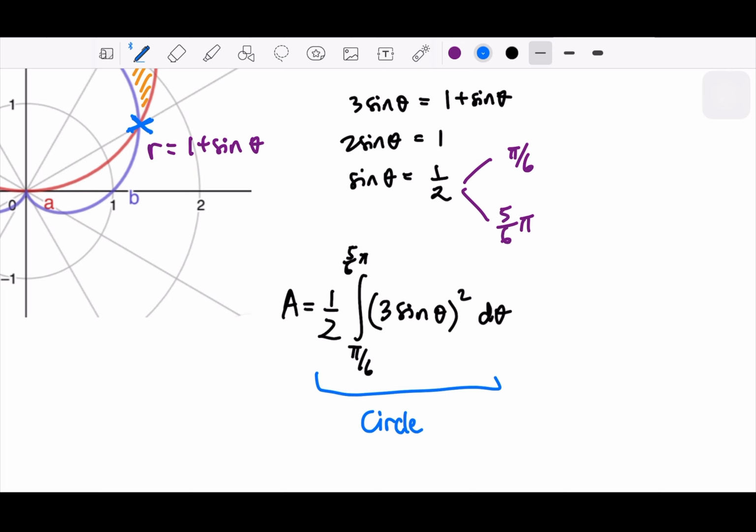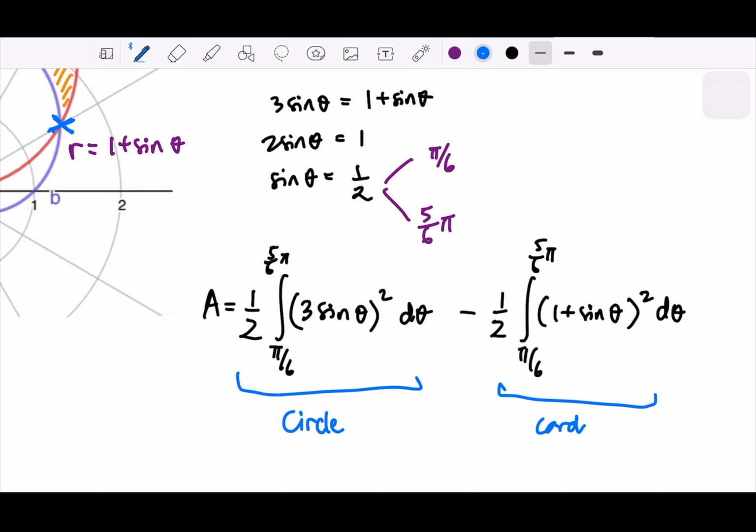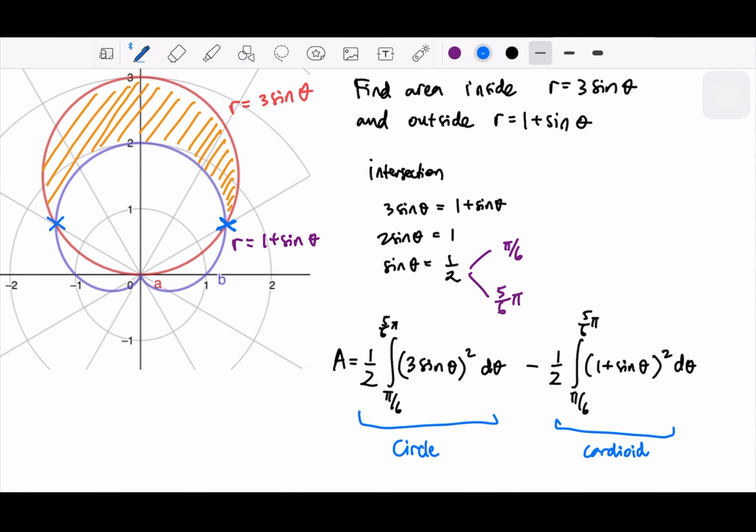And then minus half from pi/6 to 5/6 pi, 1 plus sine theta, squared, d theta. This is the cardioid.